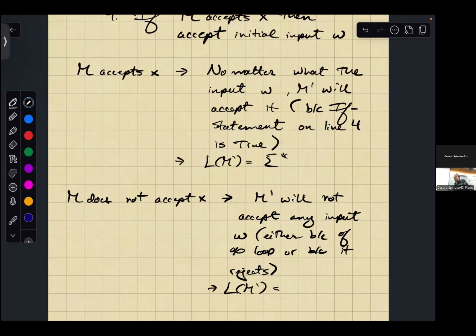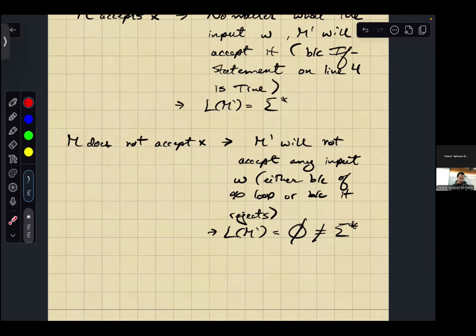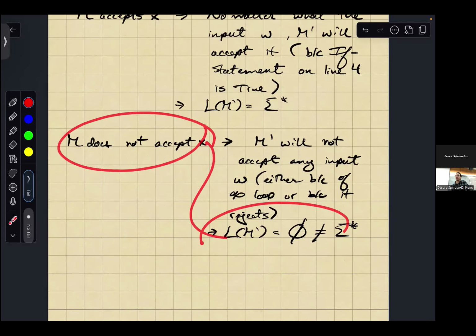If I have a Turing machine that will not accept any string, yes, the empty language. So L of M prime is empty, and last time I checked, the empty set is never actually equal to sigma star. So that means that a no answer remains a no answer.